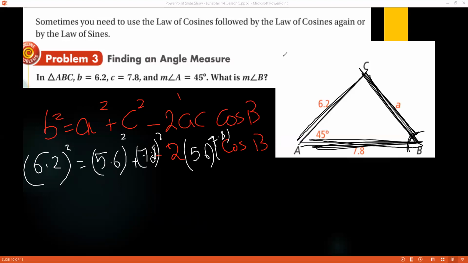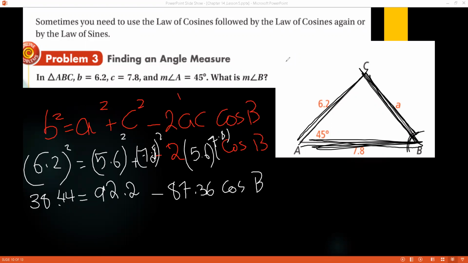We can find cosine of B. So 6.2 squared is 38.44. 5.6 squared plus 7.8 squared is 92.2, minus 2 times 5.6 times 7.8 times 2. We have it as 87.36 cosine B.